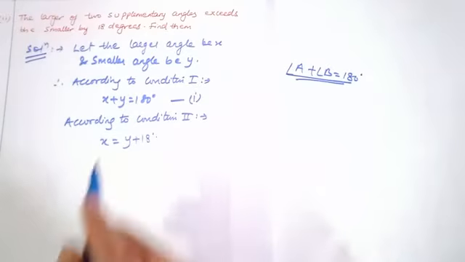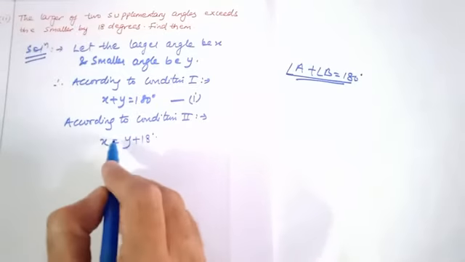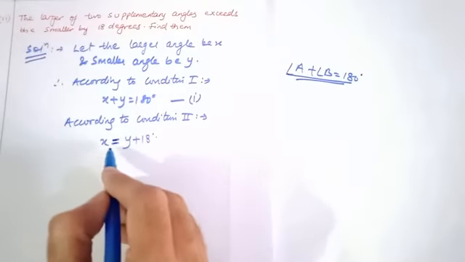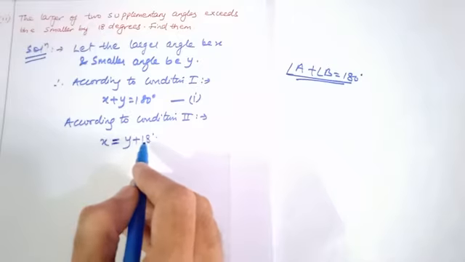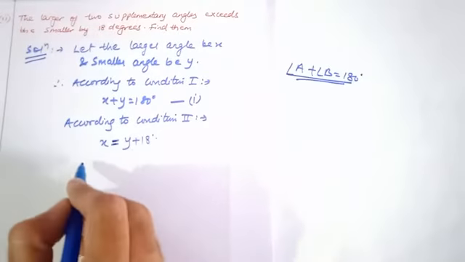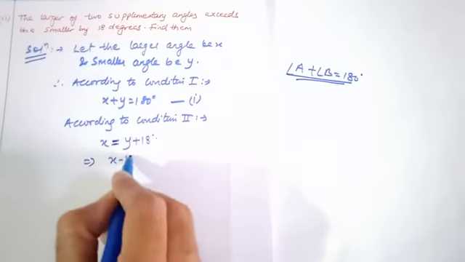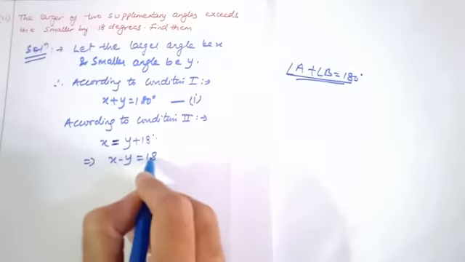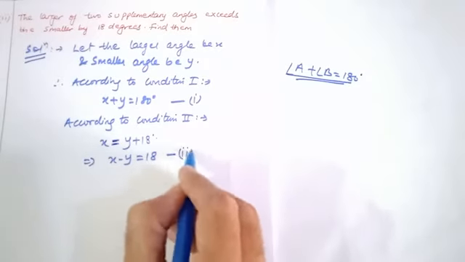Why? Because if we have to make them equal, we add that quantity to the smaller number. Now this means x minus y equals 18. This is your second equation.